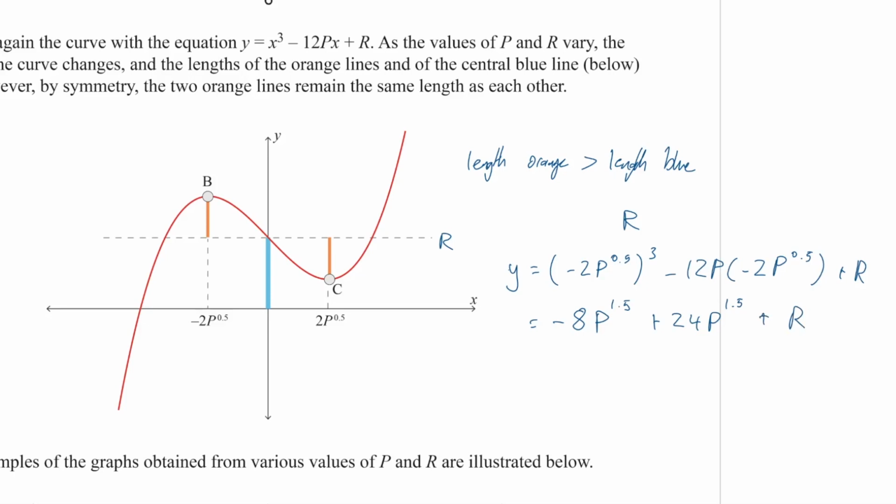Grouping like terms, minus 8 plus 24 is 16p to the 1.5 plus r. So this height here is 16p to the 1.5 plus r, which means the length of the orange line is that expression minus r, which would just give us 16p to the 1.5.